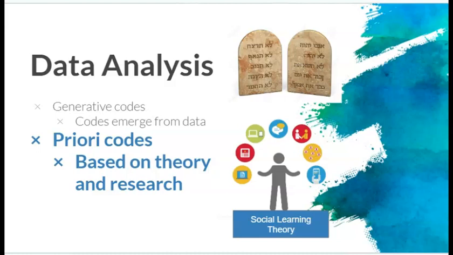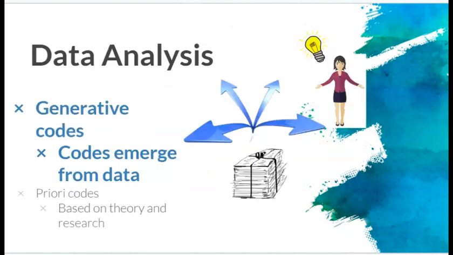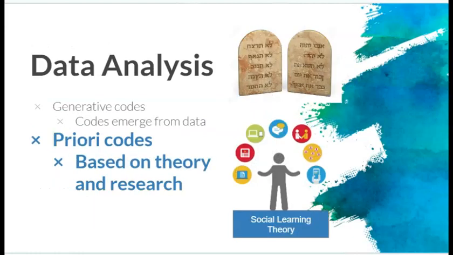So now I'm just going to go at the new data and use the previous research codes and code the new data with those codes. So again, the researcher might choose to look at the data and see which codes emerge from the data, or already have in process a system of codes they're going to use to analyze the data.